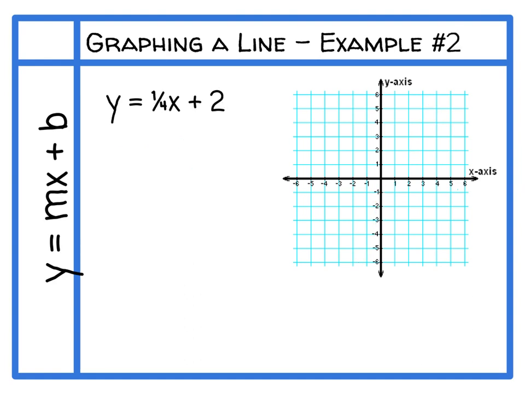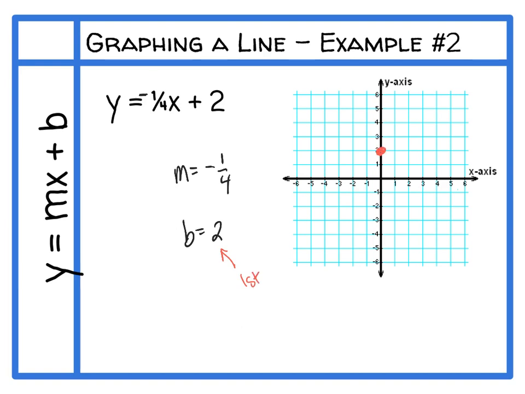Another example. I'm going to change this real quick. I want to make this a negative 1/4 here. My slope is negative 1/4 and my y-intercept is 2. Our first point is our y-intercept, so I want to plot a point at 2.